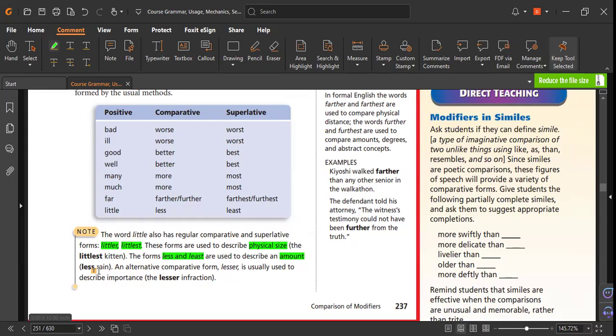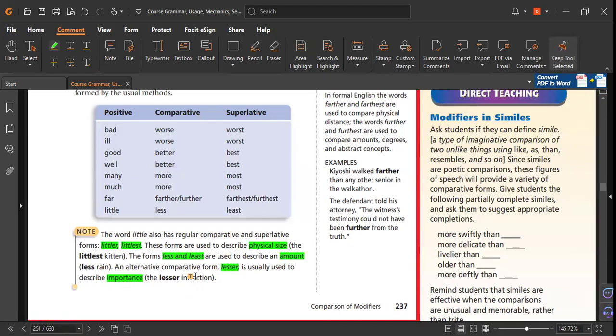That's right. An alternative comparative form is "lesser". So it's less, least, but "lesser" is usually used to describe importance, like "the lesser infraction". So it could be used, but when we're talking about importance.